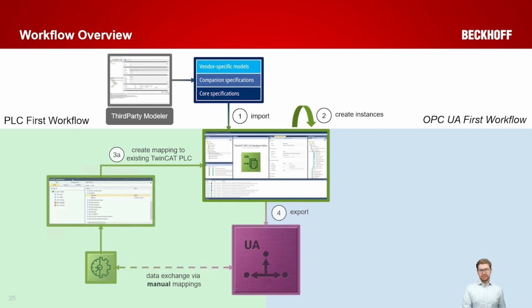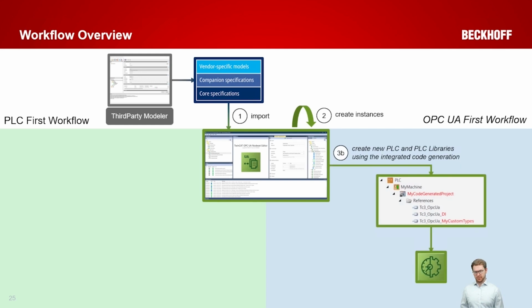The alternative is the OPC UA-first workflow, where you model and then you can create new PLC code and the required PLC libraries using the integrated code generation. This could look something like this in the future, where you have the project and the libraries auto-generated.